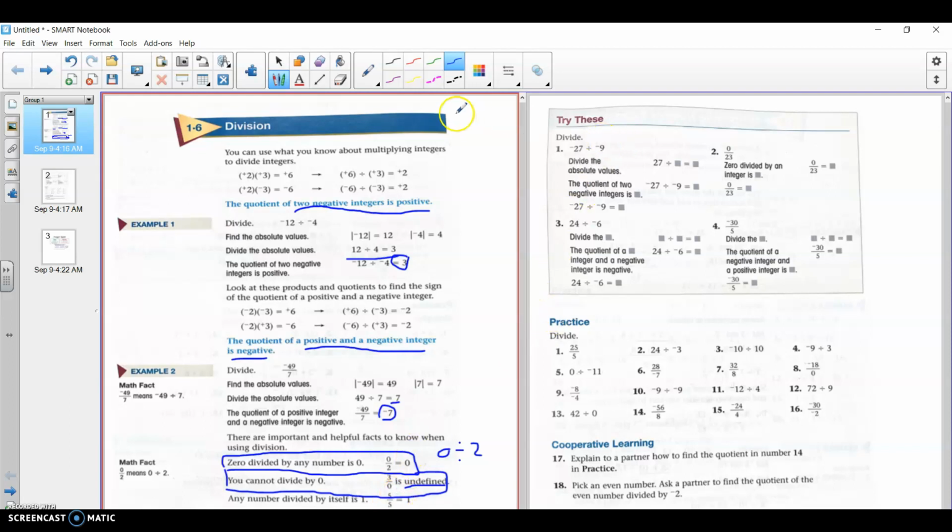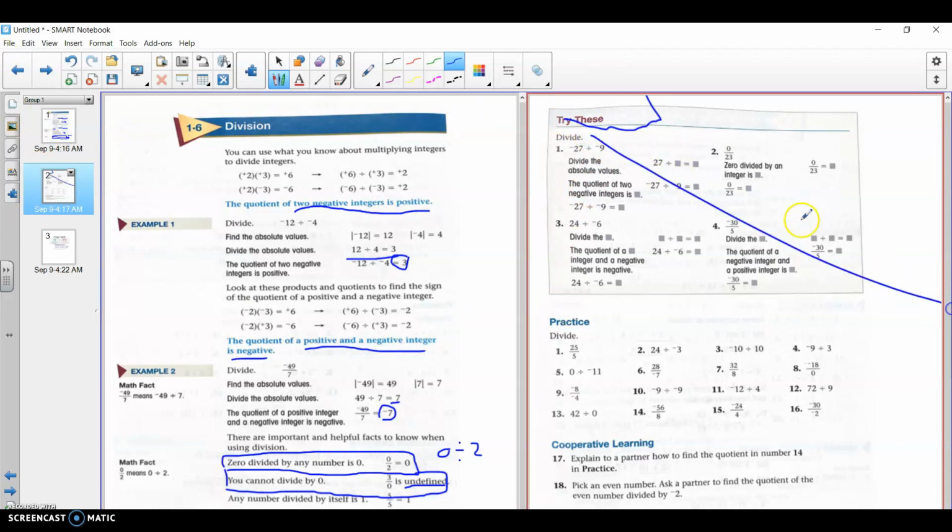All right, going over to the bookwork, you are not doing the box, and you're also not going to do the last two problems. So I'm going to just jump over and do number 1 here. And I'm going to do the math first. So 25 divided by 5, I know is 5.